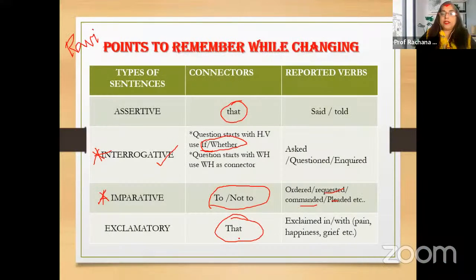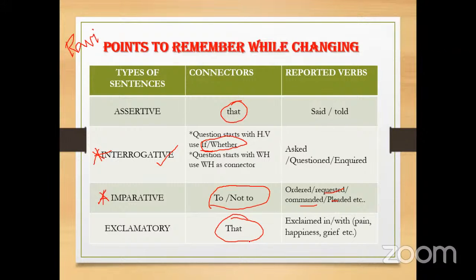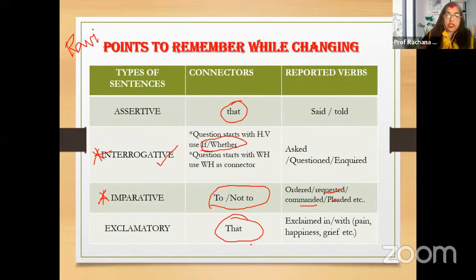Now, the next point is the last one, that is exclamatory sentence. Can you see the screen shared? Yes, ma'am. Yes, मैम, because when I continuously jump from here, then sometimes my screen is not visible. Okay, so exclamatory sentence, again, you have to use the word that. Now, along with that, look at the reporting verbs.